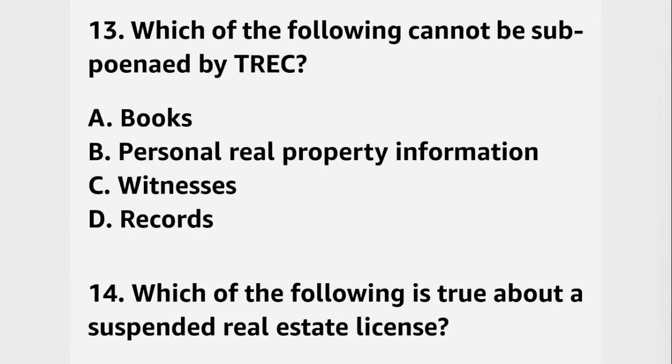Hi, Yesenia. Thanks for joining us. And that is correct. It is personal real property information. So books, witnesses, and records can be subpoenaed by TREC. If the licensee does not produce the above, TREC can file a suit with the AG.